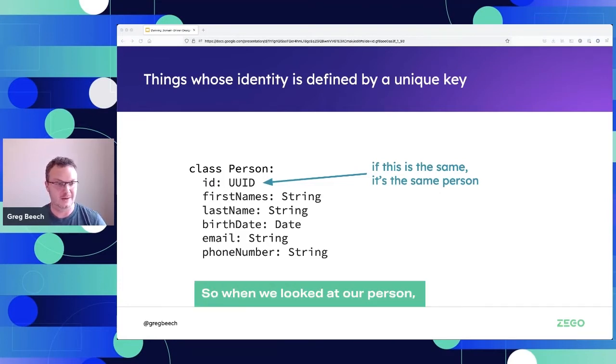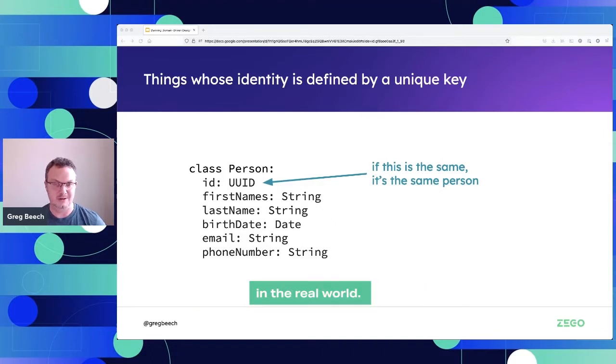So when we looked at our person, we thought, well, if you change your first name or your last name, you're still the same person. If you change your birth date, well, you probably can't change your birth date. And if you change your email or your phone number, all of these things can change, but you are still the same person in the real world. Now in software, we can't represent the concept of you effectively.